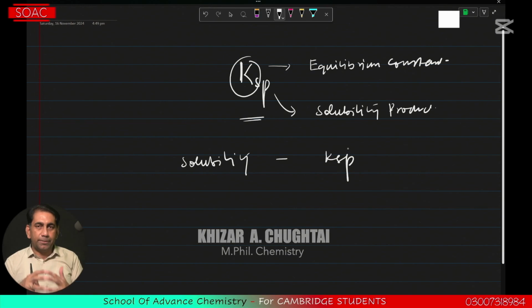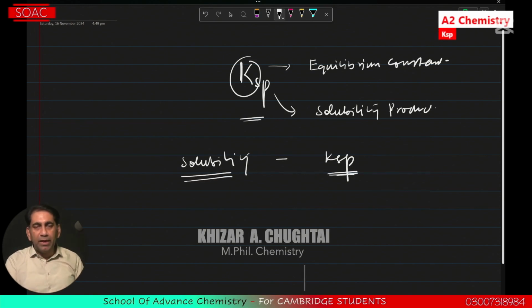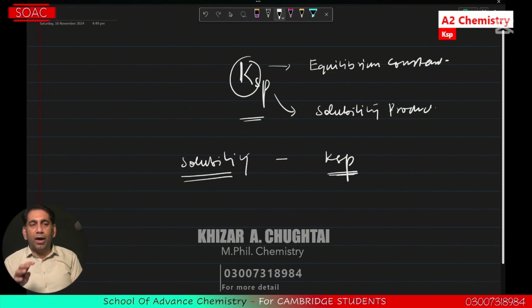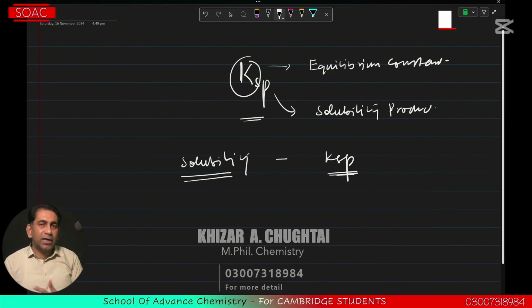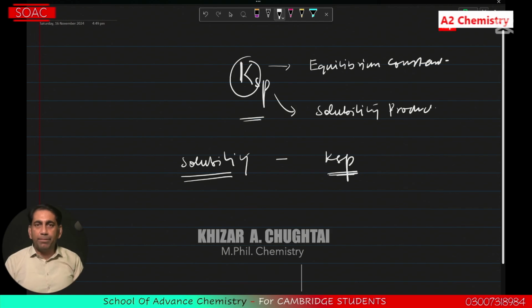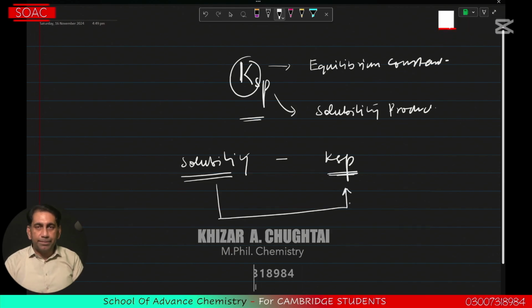With the value of Ksp, we can find the solubility of that compound in water in mole per dm cube. If the solubility is known, then we can find its Ksp.